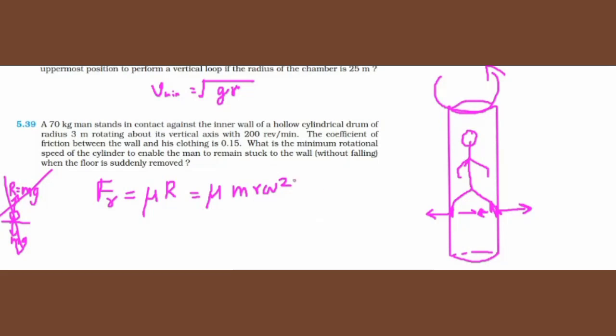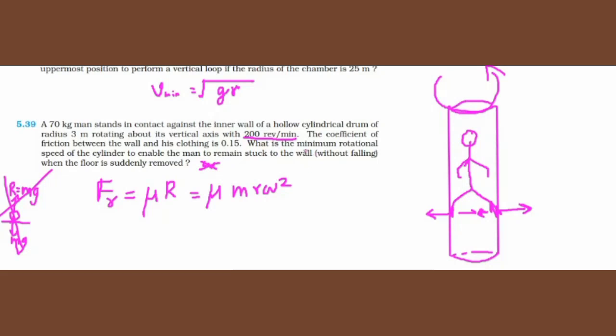Now this m r omega square is the reaction. Omega is the angular velocity. Here also, given frequency you can convert into revolution per second, then omega is equal to 2 pi nu formula you have to use. Oh, sorry, no need to take that, because we want to calculate omega.